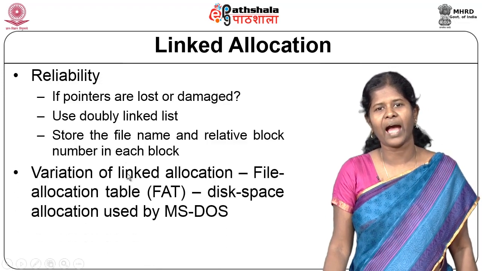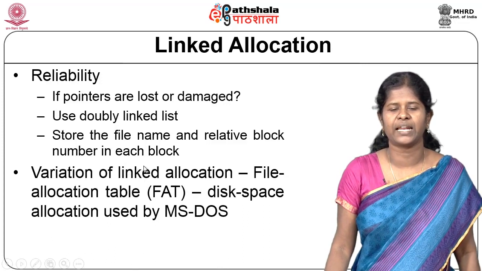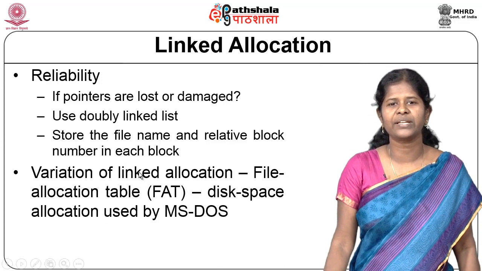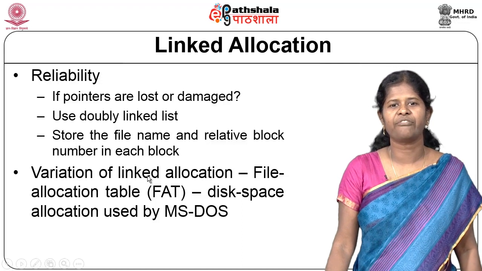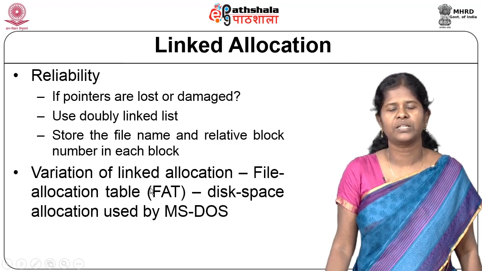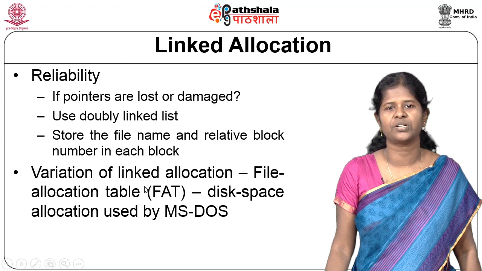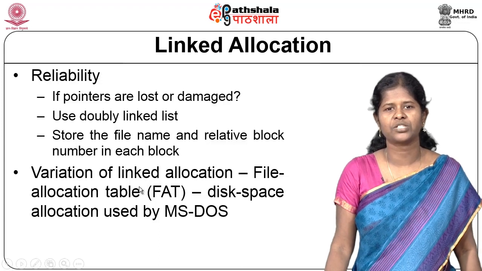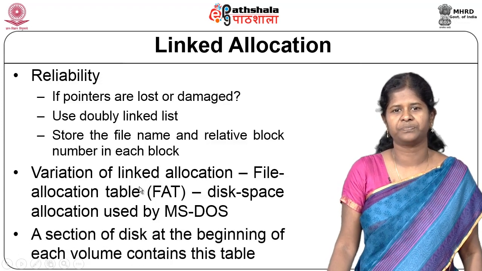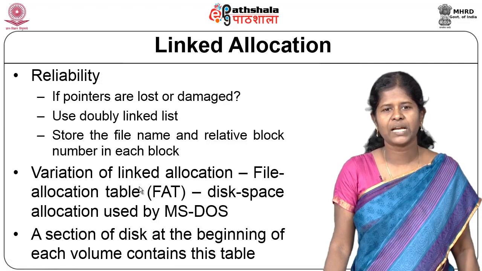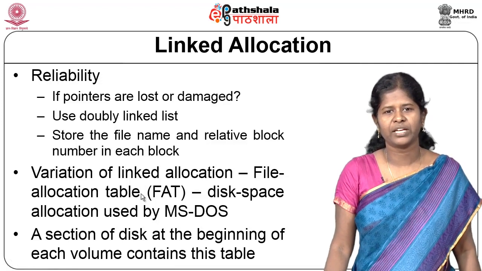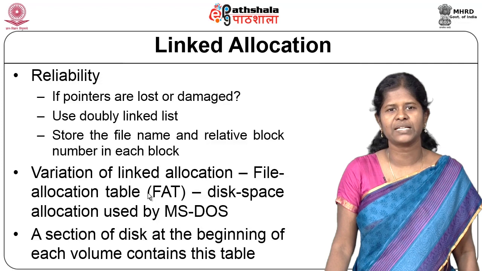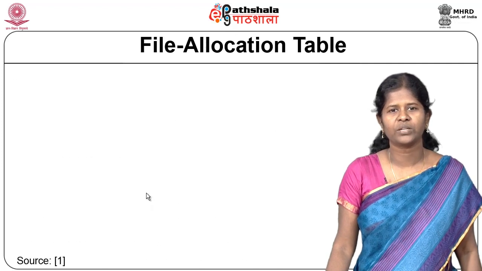And so, we have a variation of this linked allocation which is used in MS-DOS systems in the file allocation table. The disk space allocation for files in MS-DOS is done very similar to this. At the beginning of each volume, there is a portion of the disk which will contain this FAT, or the file allocation table.